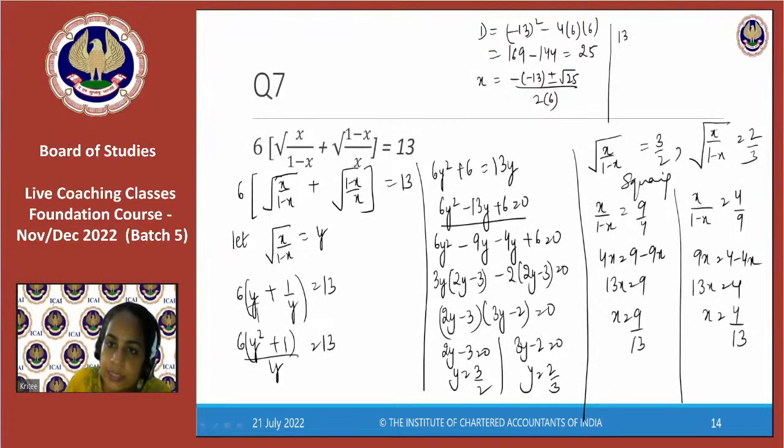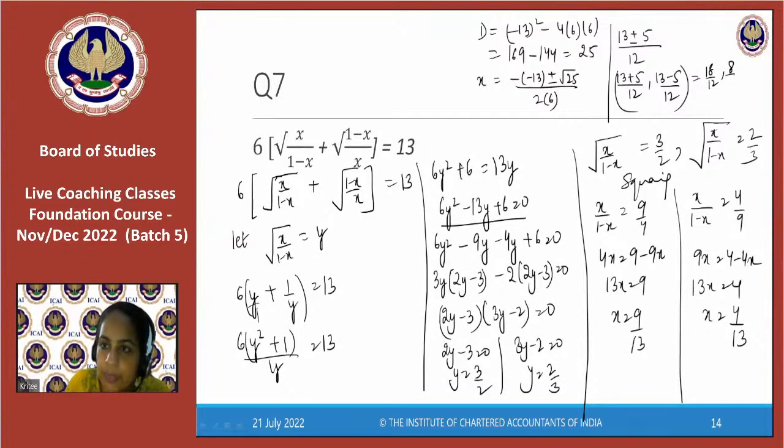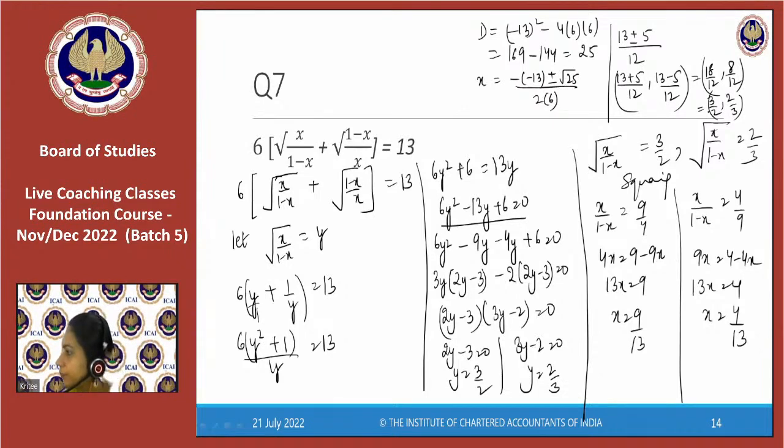So it is 13 plus or minus 5 by 12. So take it this way: 13 plus 5 by 12 and 13 minus 5 by 12. 18 by 12 and 8 by 12. 3 by 2 and 2 by 3. These are your answers.